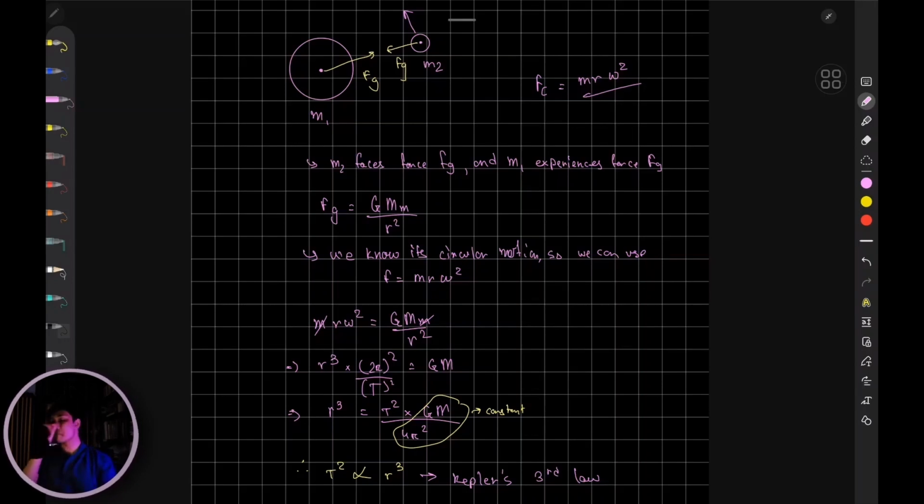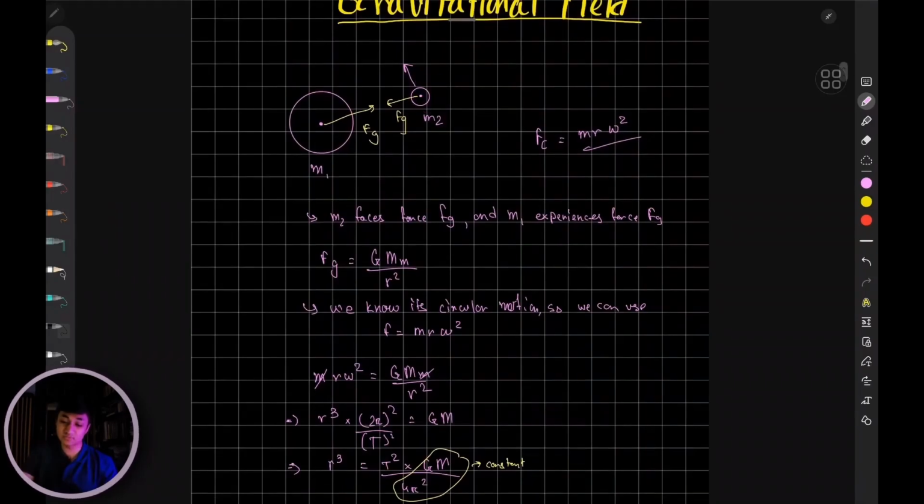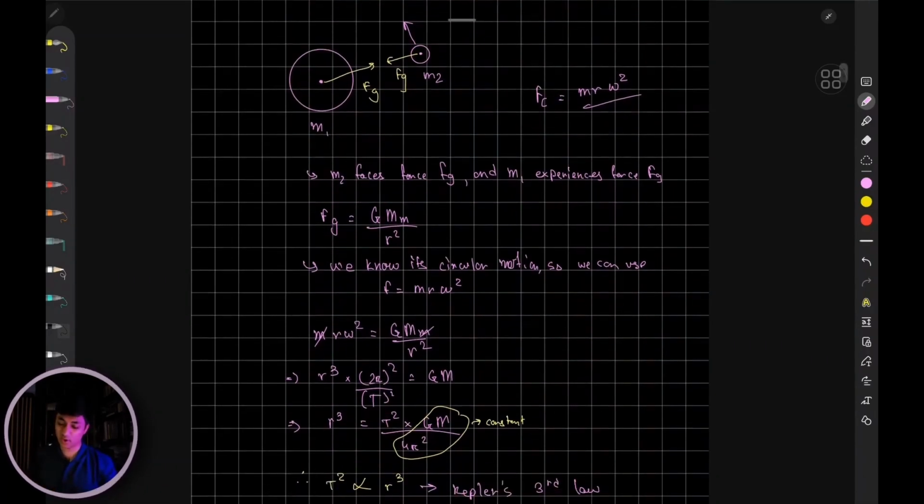M is the mass of the object that is orbiting. In our case, if you consider this to be the moon, the mass of the moon. So m r omega squared: the mass of the moon, times the separation between the centers of both the objects, and omega squared is the angular velocity or angular frequency of the moon.